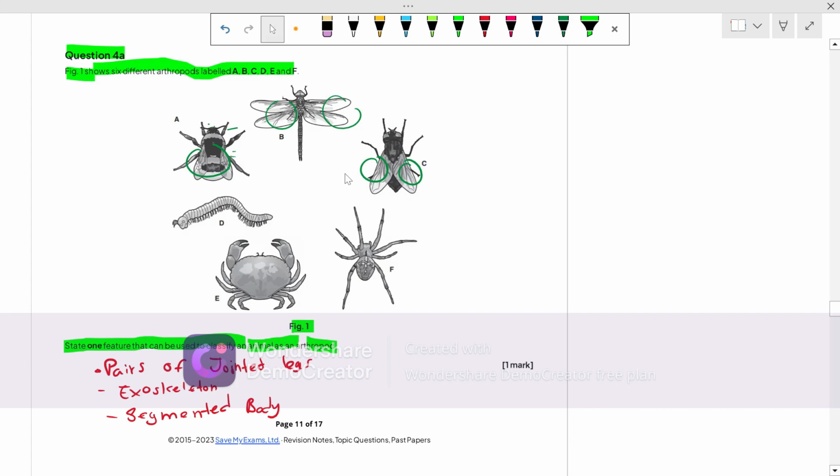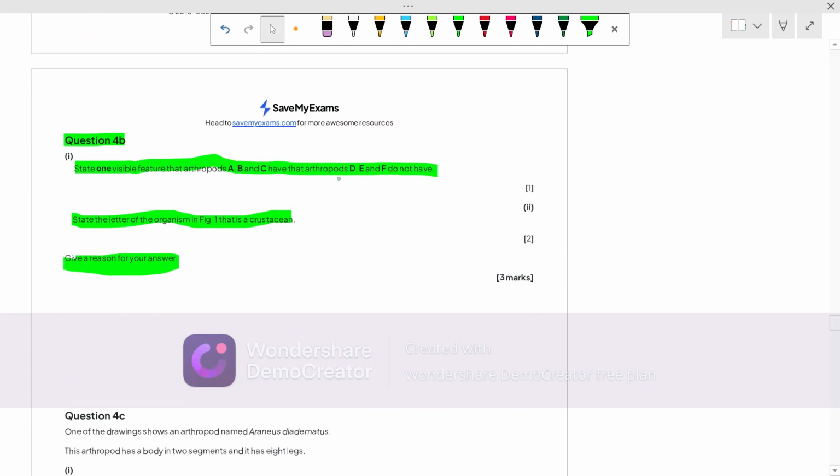So again, any of the following will be accepted. You just have to choose one. They have 6 legs. They have wings. They have compound eyes and 3 body sections: head, thorax, and abdomen.